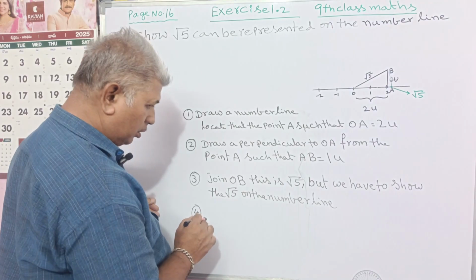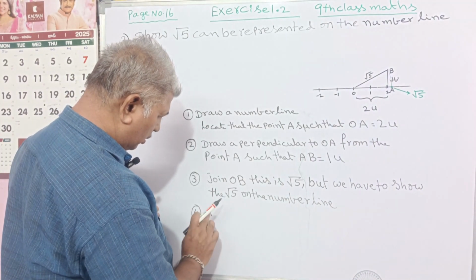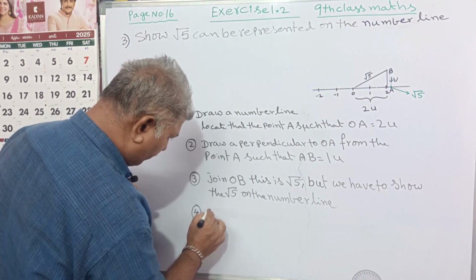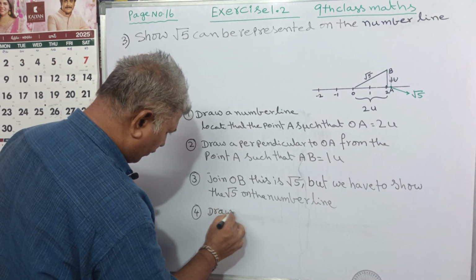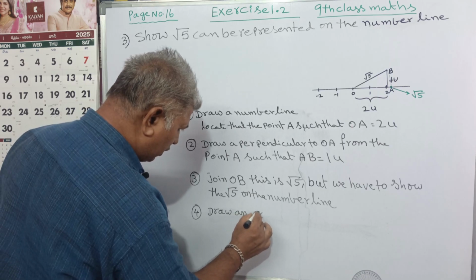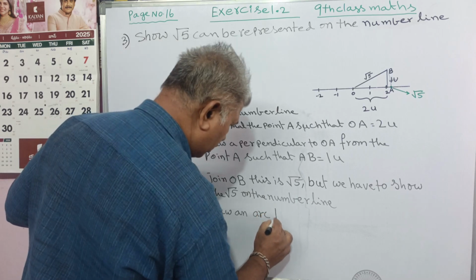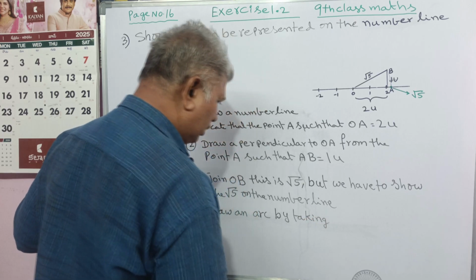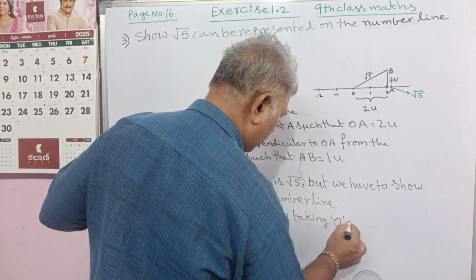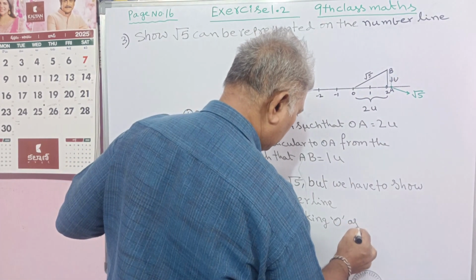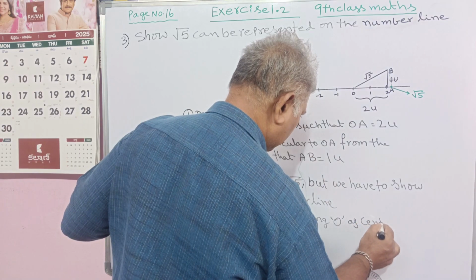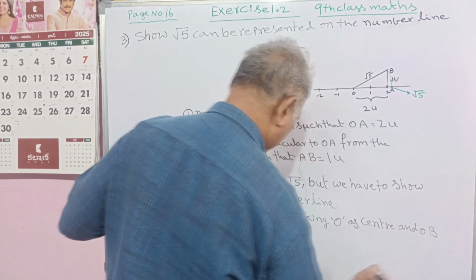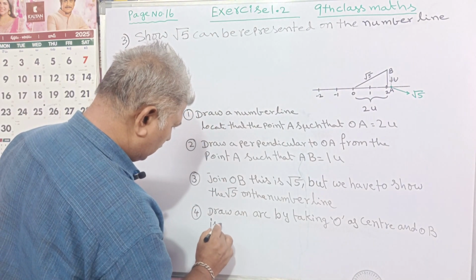Draw an arc by taking O as center and OB as radius.